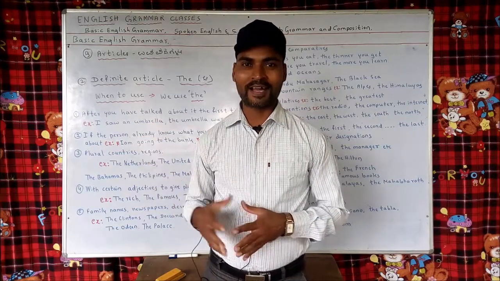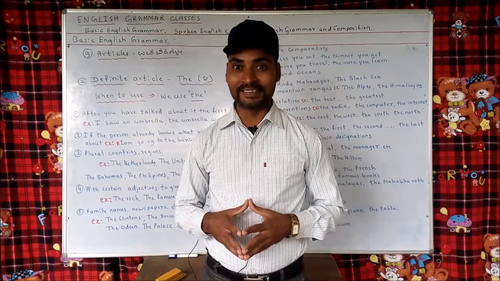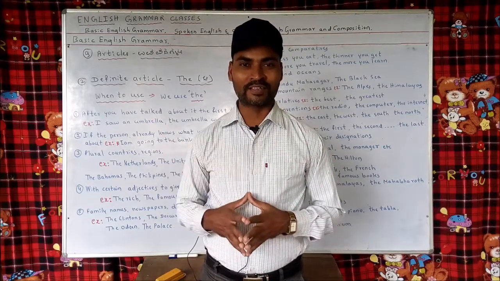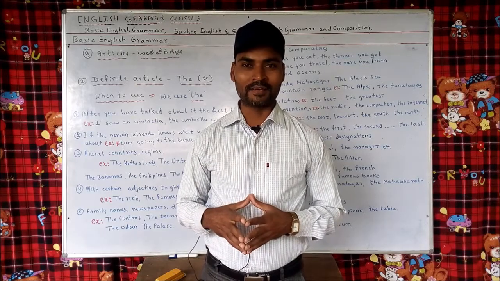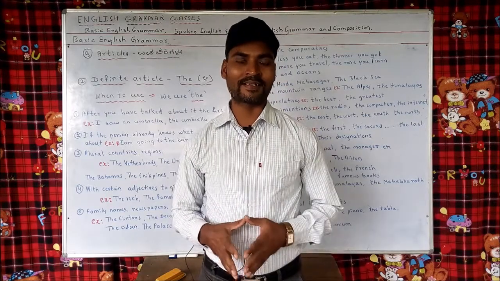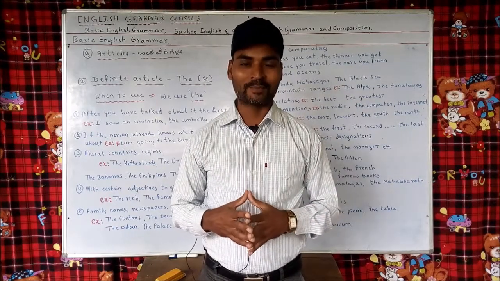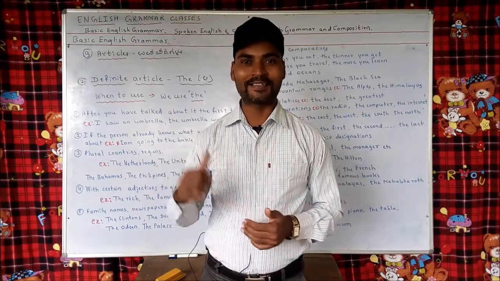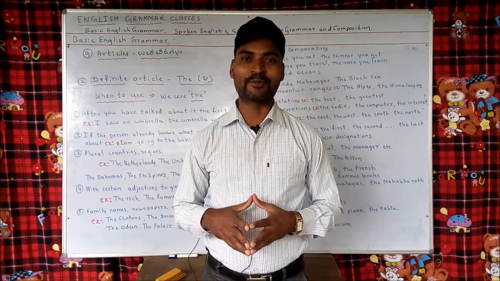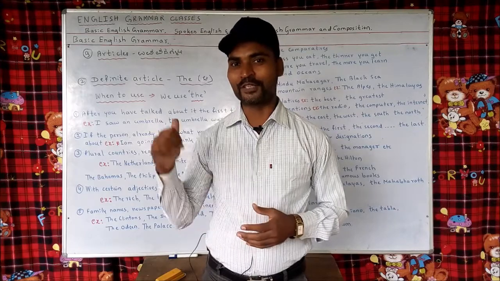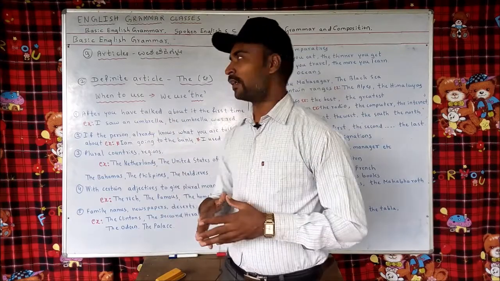Now let's have a look at the definite article the. There are certain rules to use the definite article the. I have listed here about 16 rules. There are so many rules, but for our basic English grammar, these 16 rules are very important. We should remember them, and we should keep in mind the usage of the also.